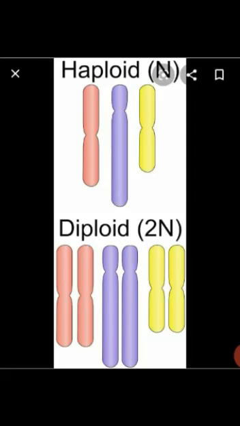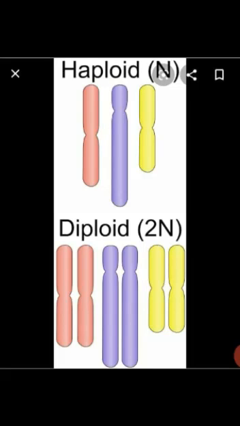Enzymes are proteins which help in metabolic reactions. As the nucleolus is part of the nucleus, it helps in the production of those proteins and helps to control the metabolic reactions. So, these are the different functions of the nucleus.